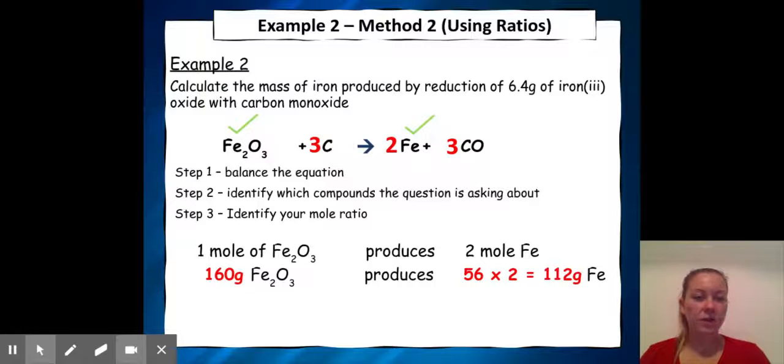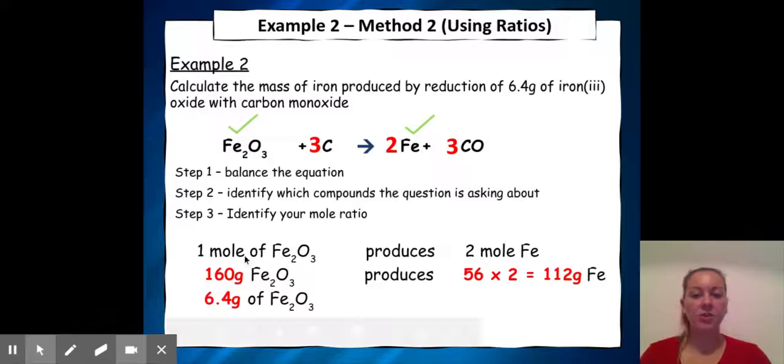If iron's gram formula mass is 56, we have 2 moles, so we have to multiply it by 2, and we end up with 112 grams of iron. We have rounded some of the values here just to make it a little bit easier. So we don't have 160 grams of iron oxide, we have 6.4.